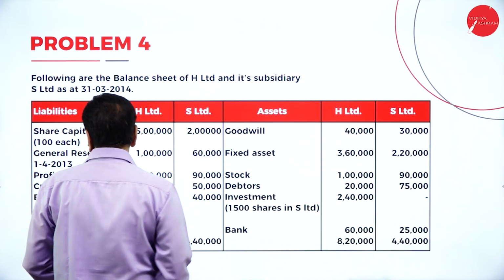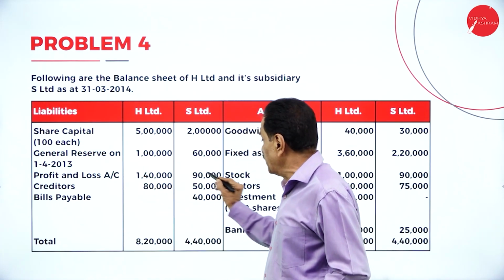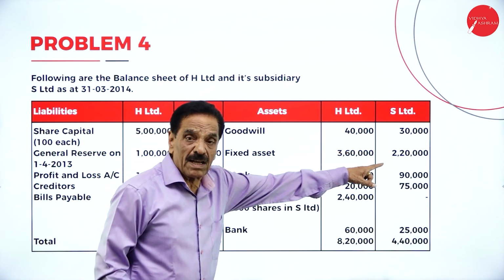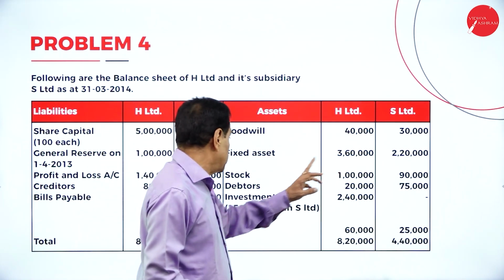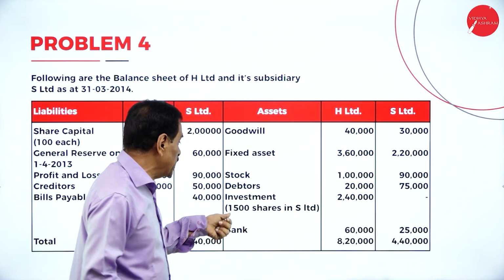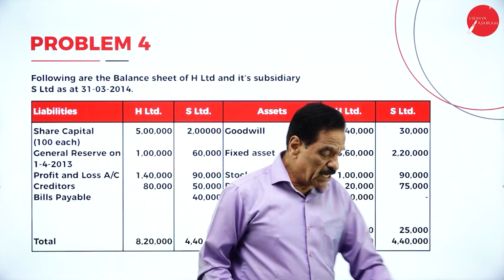Go through this now. Here, general reserve on 1/4, beginning of the year, is there, profit and loss account is there, creditor is there. Then existing goodwill already there, fixed asset, stock, debtor, investment. How many shares have they taken? 1,500 shares. Bank 60,000, 25,000 is there.